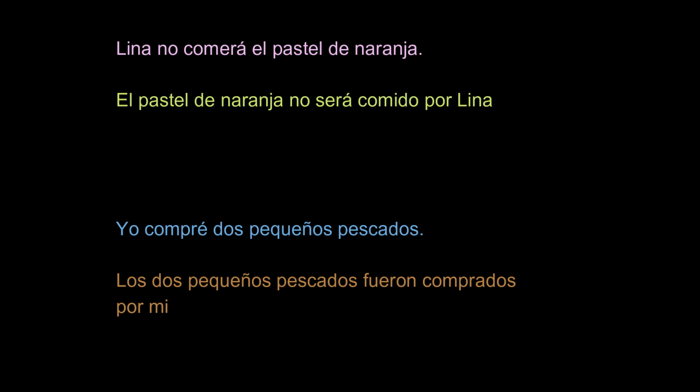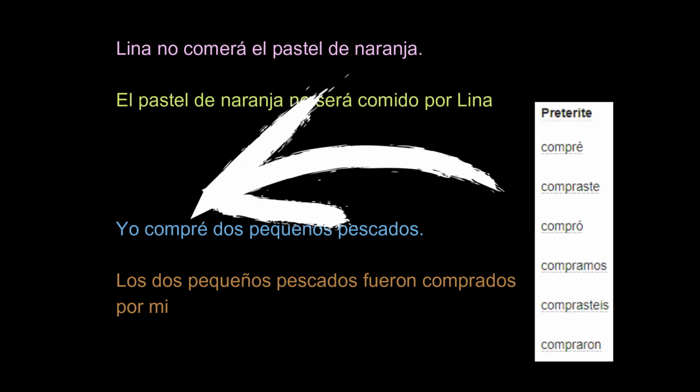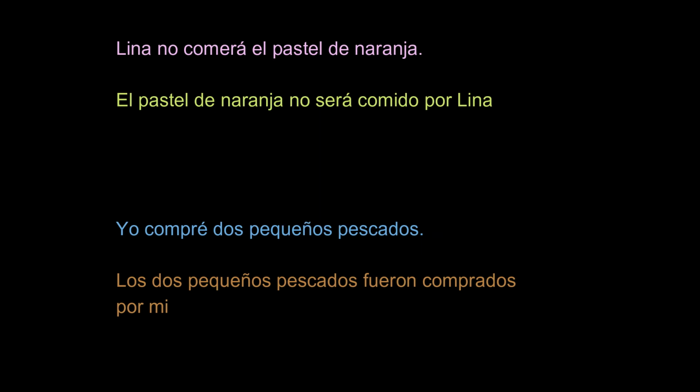That means that this auxiliary or helping verb ser is in the past tense. So, yo compré is in the simple past tense in the first sentence. In the second sentence, where the passive form is quite evident, there also has to be that helping verb ser in the past tense, followed, again, by the past participle.